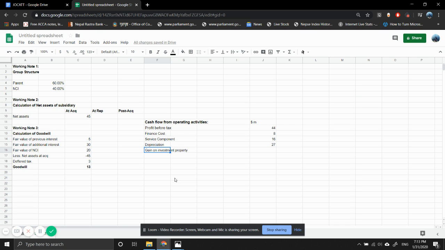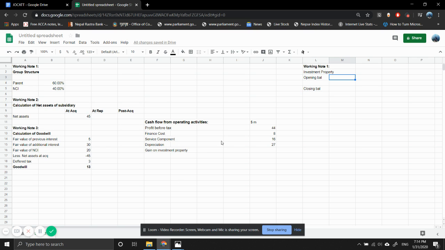What I'll do is quickly create a working side by side. So working note 1, bold, investment property, right? In this case, what has happened? Opening balance and then closing balance.